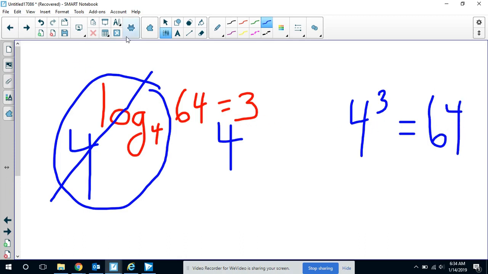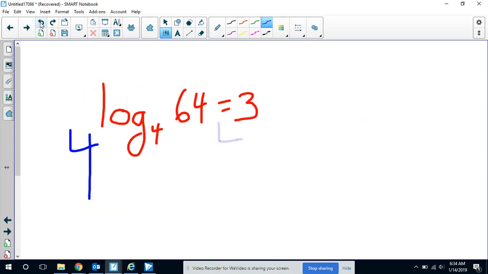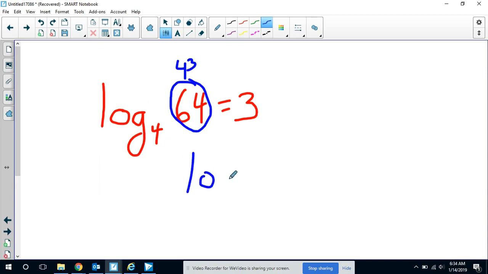But I also could have done this by recognizing that 64 is really 4 to the third. And so then what I can see is log base 4 of 4 to the third is going to be 3, because log base 4 of 4, that's always going to be 1.